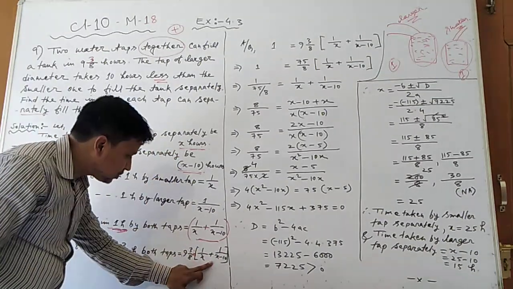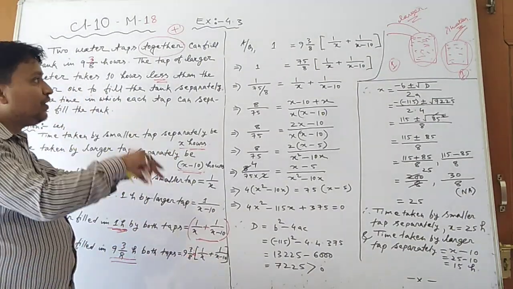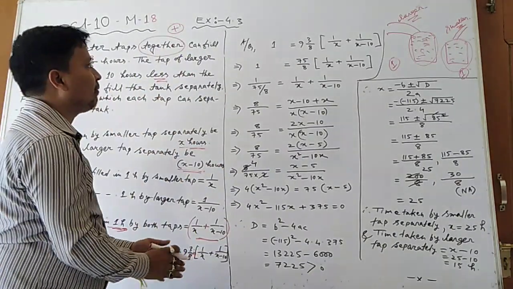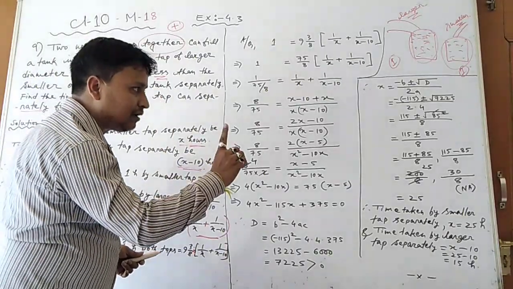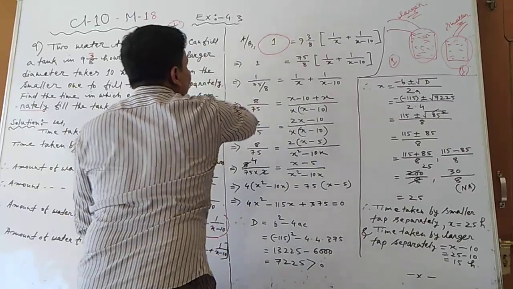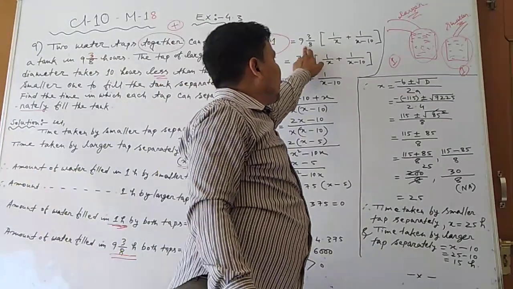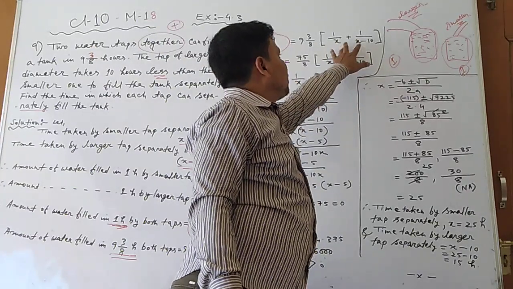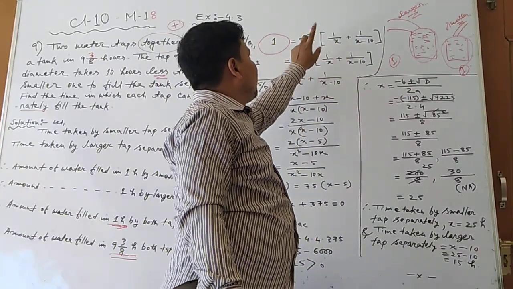So you multiply these two, then both the taps will fill up one full tank. Full tank filled means one work done, one work finished, which means 1. It is expressed in variable terms, but the total amount of work done means 1.